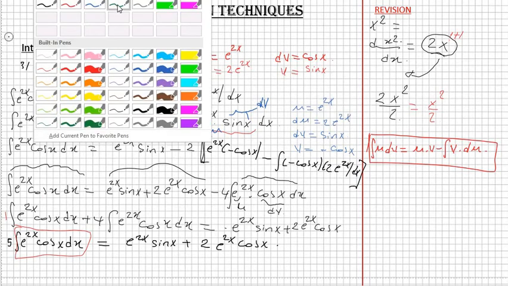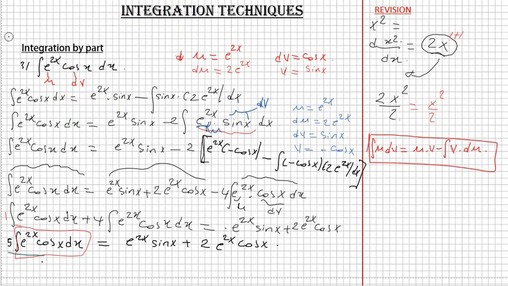In other words, I need to divide that by 5 and that by 5 and that one by 5.